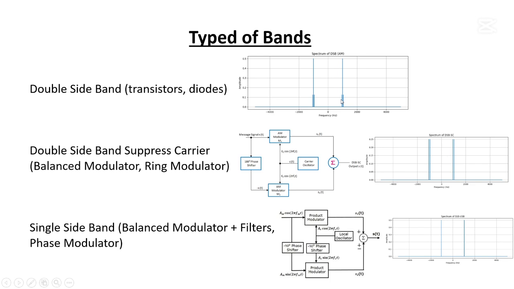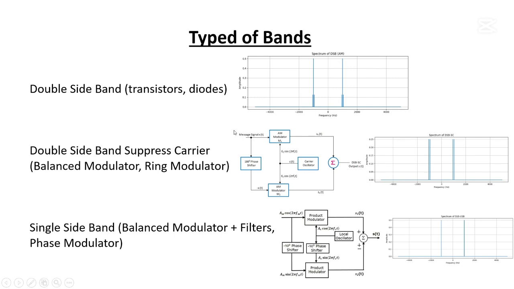So our modulated signal contains 1000 hertz, 1100 hertz, and 900 hertz. If the modulated signal is of such a type, then this is called a double sideband. It is just the frequency spectrum of a double sideband.